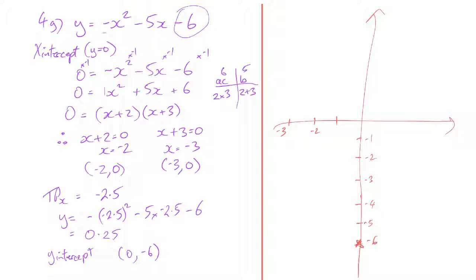So there's one point, there's another point, there's another point, and I'll do a +1 because we have a turning point at -2.5 and 0.25 high. So there it turns and goes through down there. Label X and Y, of course, and that's graphing and sketching.